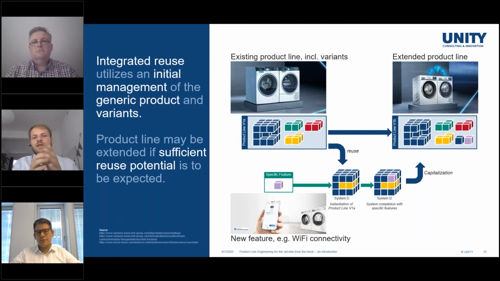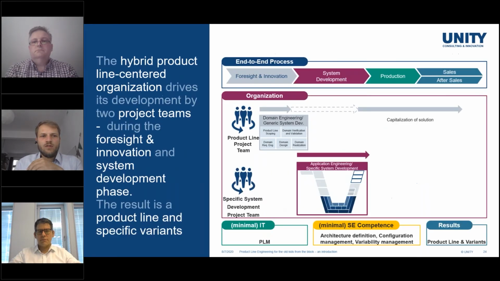So you have to decide: is that specific feature only for that one target group, maybe that one customer, or is it for a bigger purpose, where you want to integrate it into other brands, into other laundry machines as well?